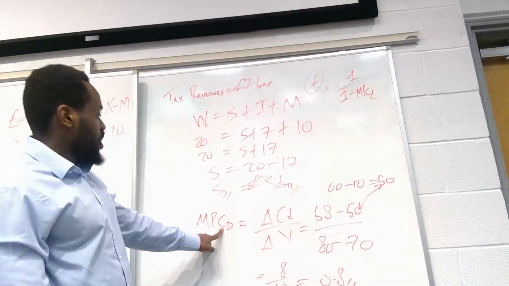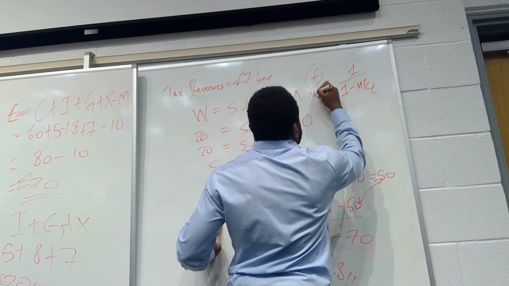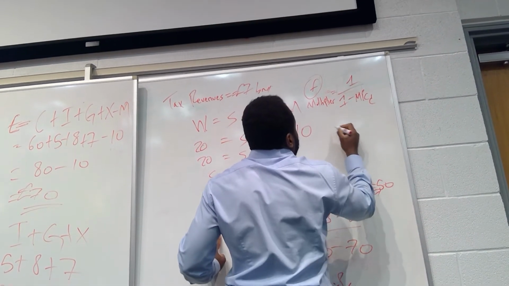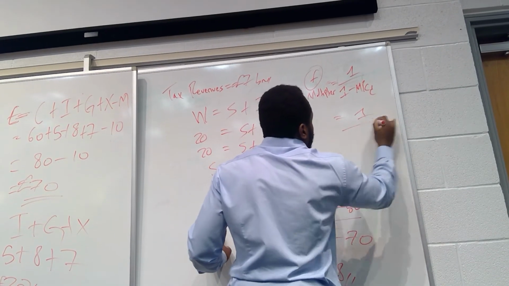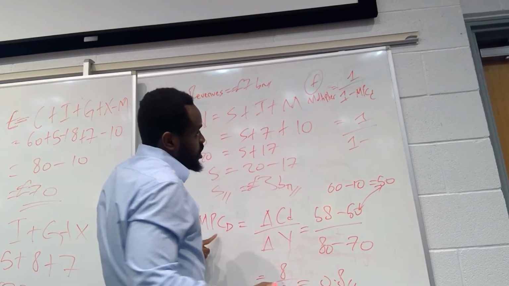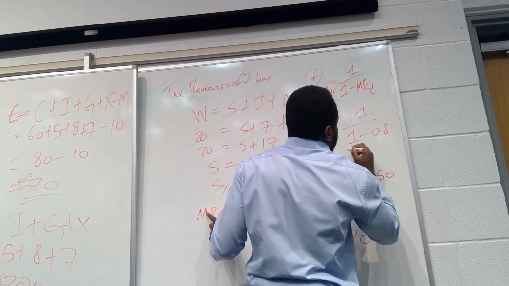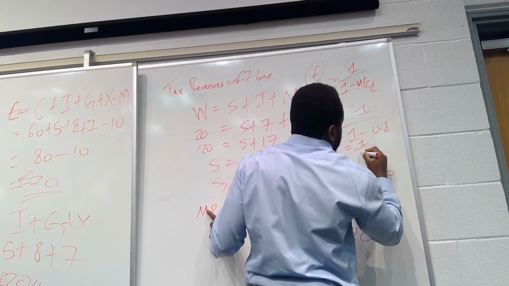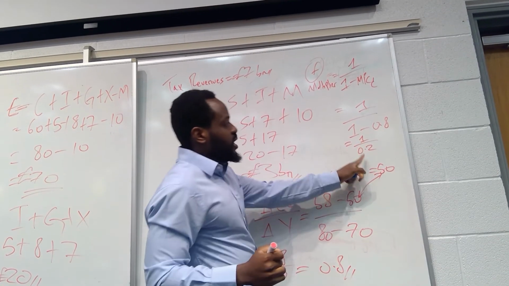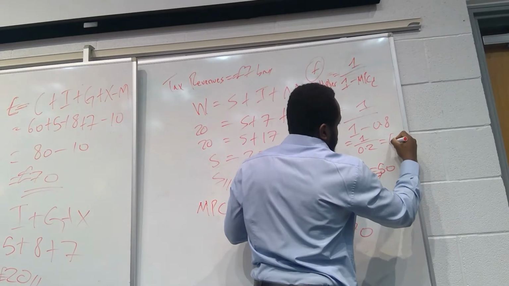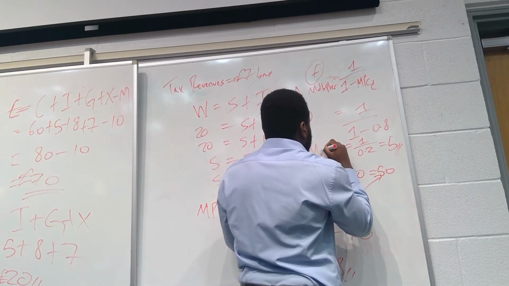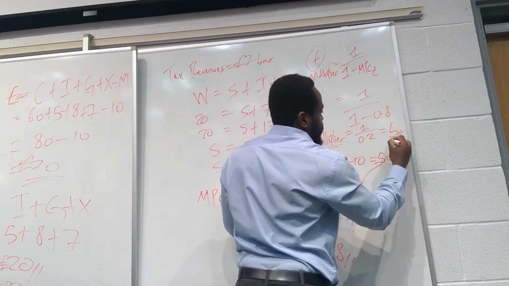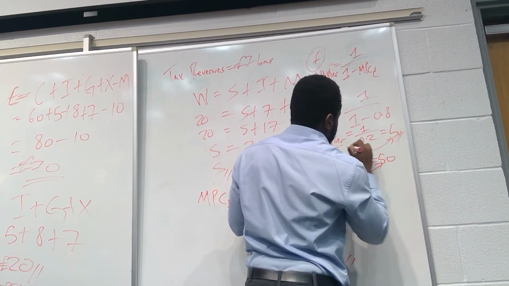So that gives us 1 over 1 minus 0.8, which is 1 over 0.2. So 1 divided by 0.2, ladies and gentlemen, will give us 5. So our multiplier is 5.